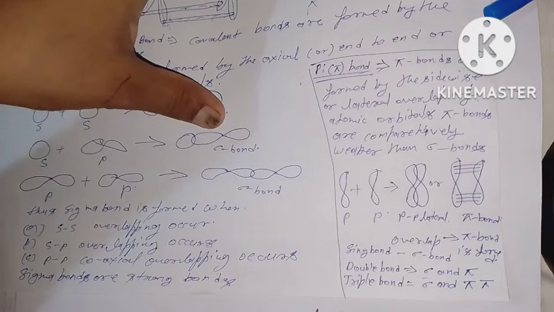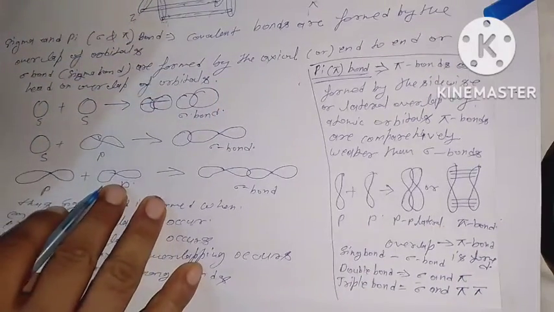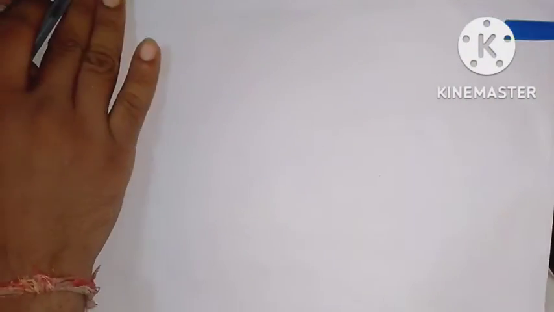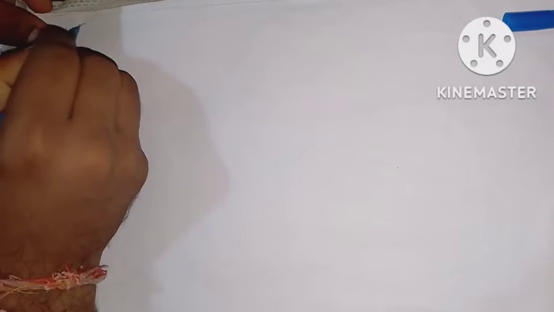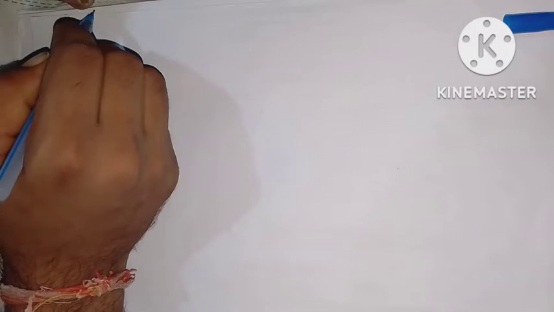Thus in hydrogen fluoride, HF, the bond is sigma.